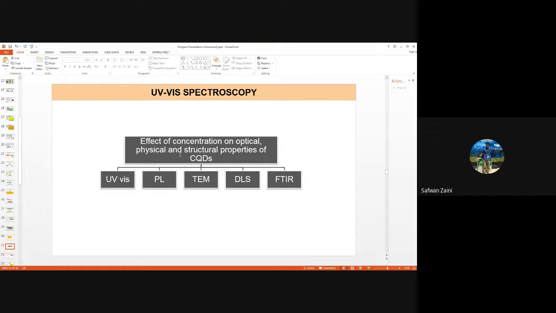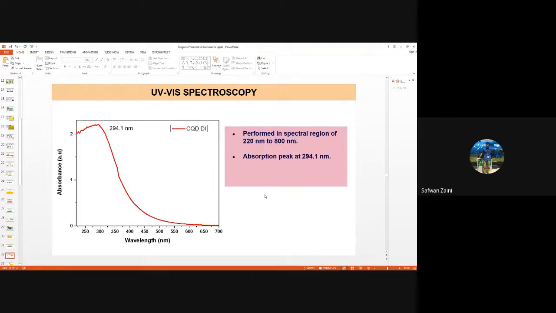We will characterize them by using UV-Vis, photoluminescence, and TEM to study the particle size, as well as dynamic light scattering to get the hydrodynamic diameter of the particles, and FTIR, but it is still an ongoing process. For UV-Vis, there are still only two results.